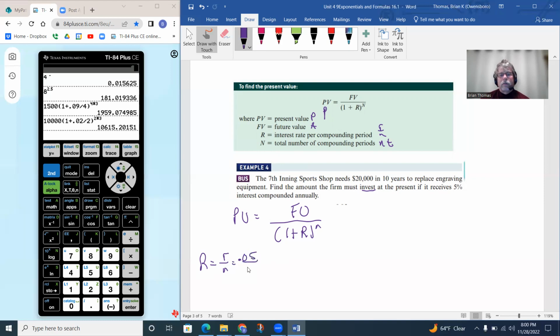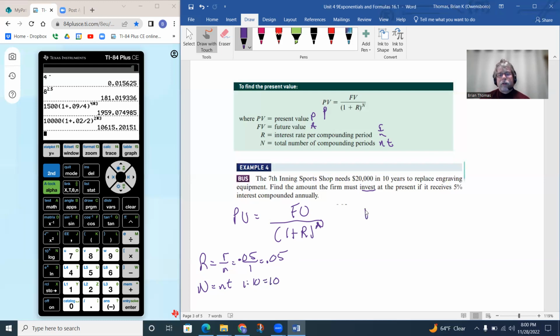Compounded annually means just 1. Well, 0.05 divided by 1 is just still 0.05. Capital N here is the same thing as N times T. So notice how we're just compounding one time a year for 10 years. That's just going to be 1 times 10, which would be 10.